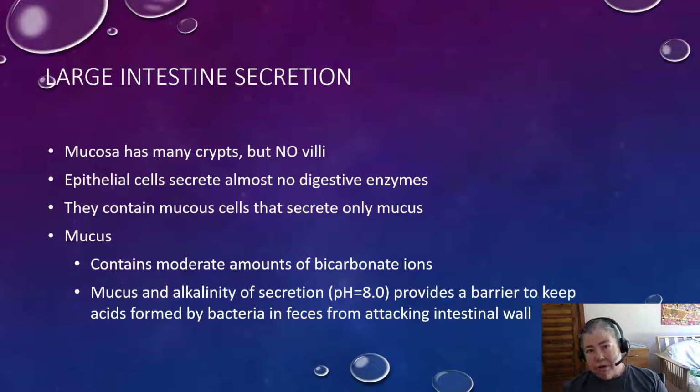One is that it lubricates, allowing for passage of feces without significant damage to the epithelium, but also the bacteria that are an important part of the function of the large intestine create acids, and so there is bicarbonate. This is an alkaline mucus, and it helps again to protect the wall of the large intestine from the bacteria and the acidity created by the bacteria.